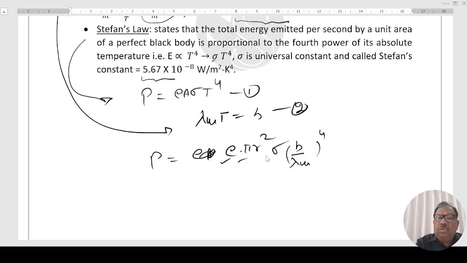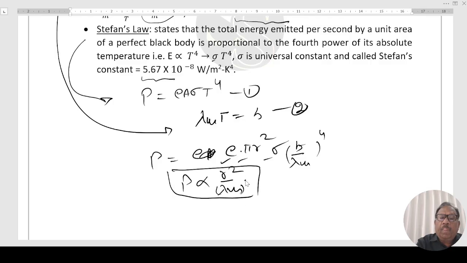This is constant, this is constant, this is constant, all will be consumed in the constant of proportionality. So P is proportional to R square by lambda m to the power 4.